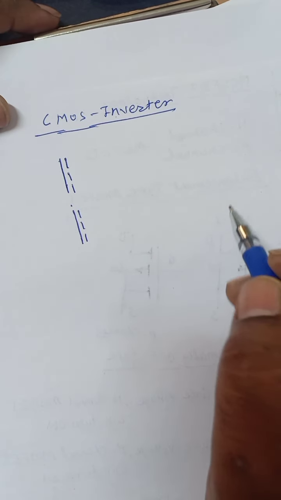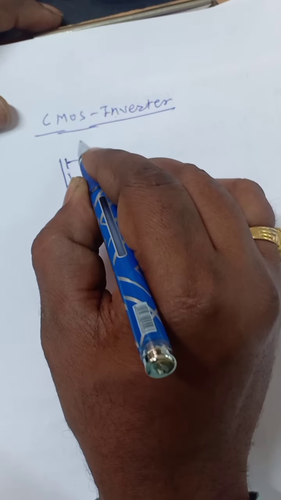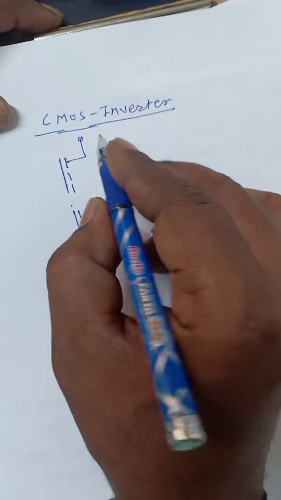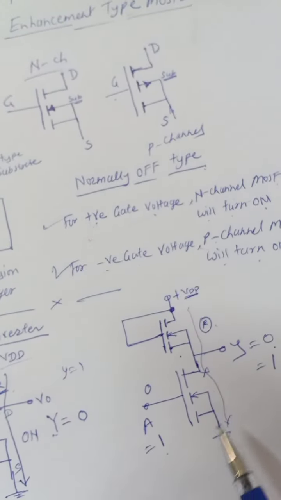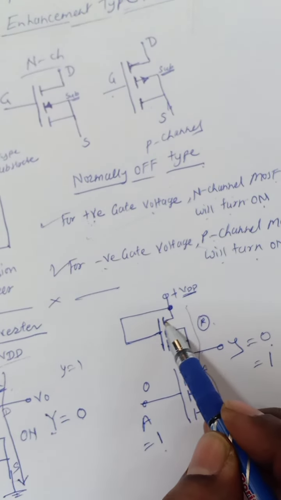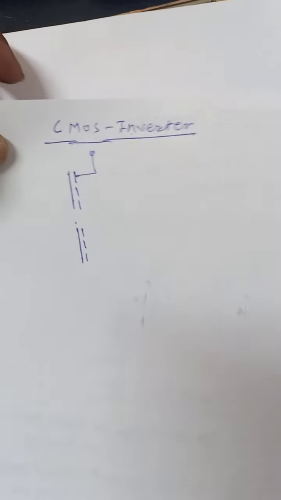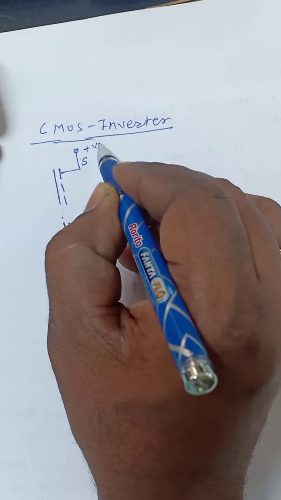So we are using both types. Here we use the load as a P type. There is another point you have to note: for N channel you have to connect the drain to the higher potential, but for P channel you have to connect the source to higher potential.